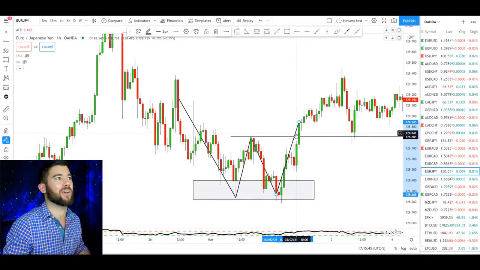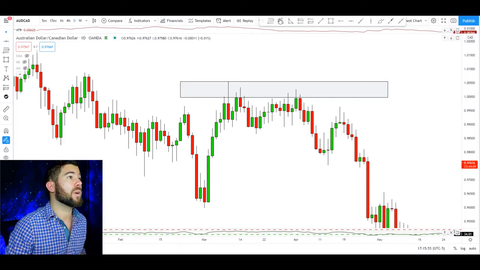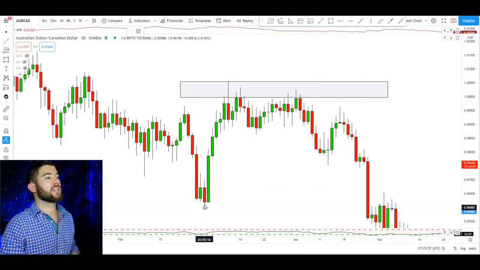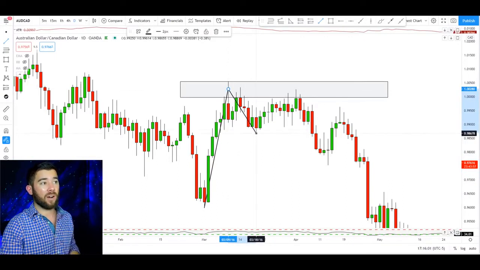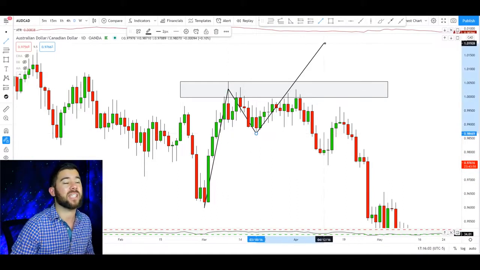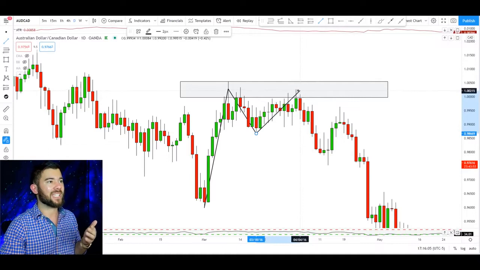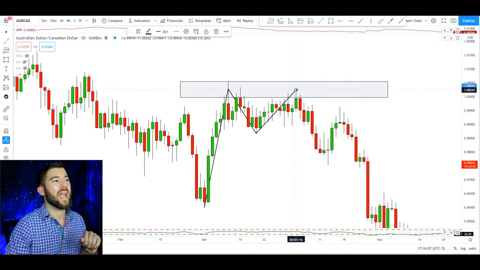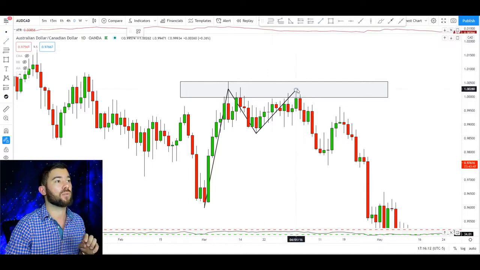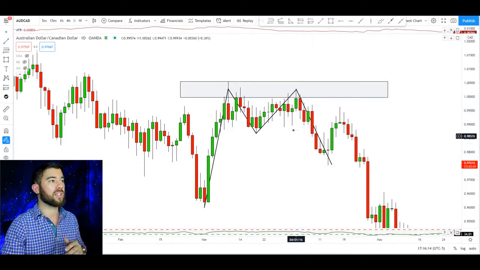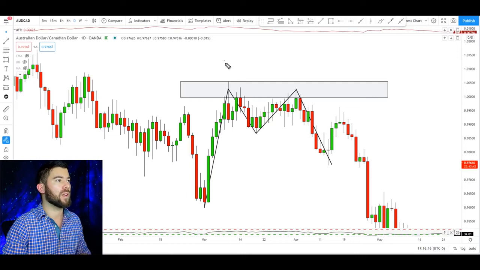Let's check out a double top though. A double top is going to be when the market pushes up to a level of resistance, then pushes down in our initial pullback, but instead of continuing this uptrend, we now test that level of resistance once more and find resistance yet again. The market then breaks through the neckline. So on a double top, we have top number one right here, we have top number two right here.